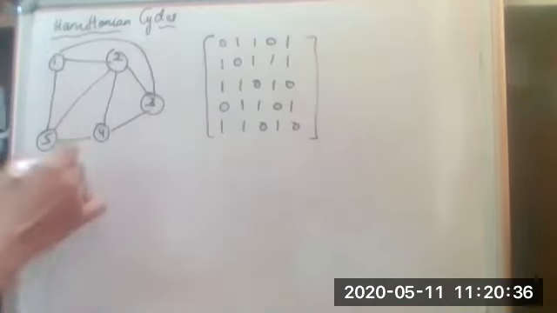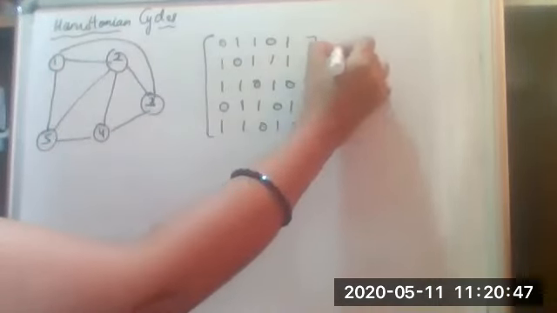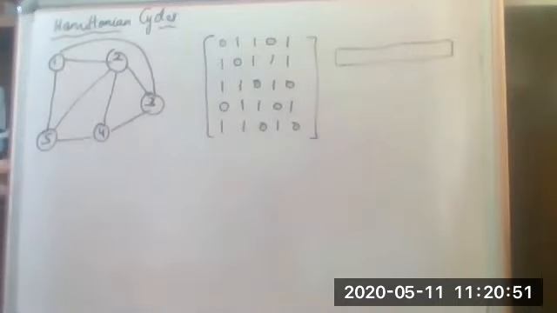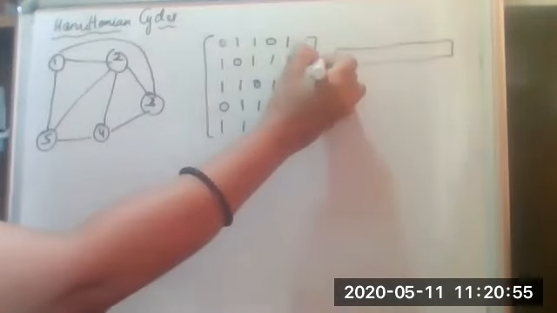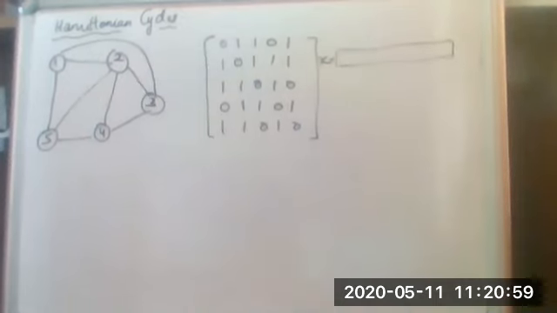Fine. So for this graph, we have taken the adjacency matrix and we are going to take another array X, which is going to be of size n. N is equal to 5 vertices, so our X array is also going to have those 5 values.